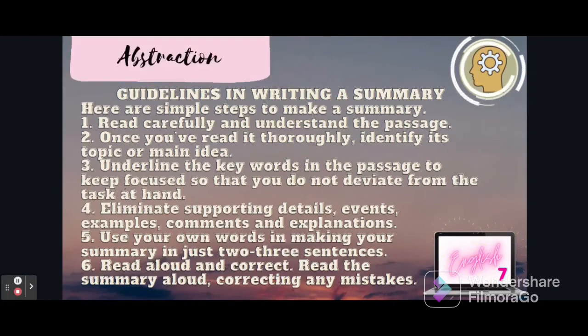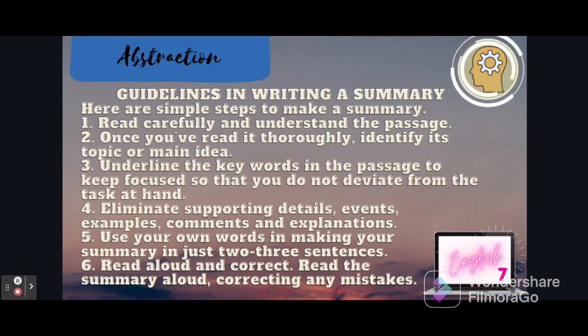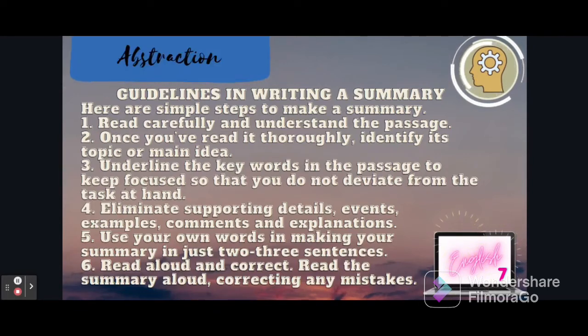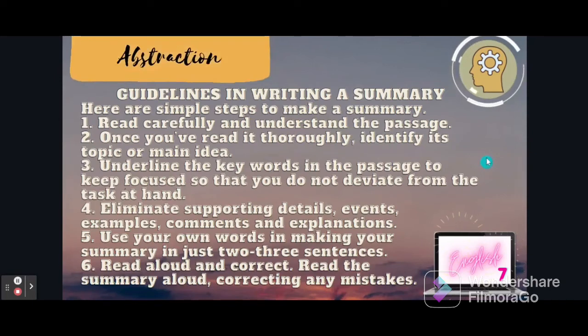Number four, eliminate supporting details, events, examples, comments, and explanations. Number five, use your own words in making your summary in just 2 to 3 sentences. And number six, read aloud and correct. Read the summary aloud, correcting any mistakes.